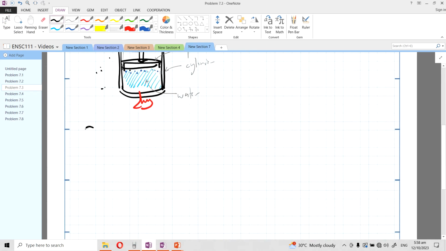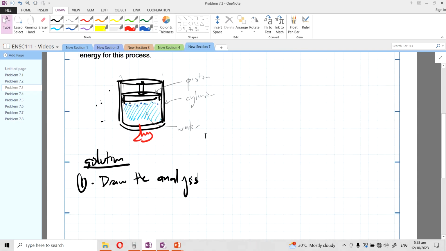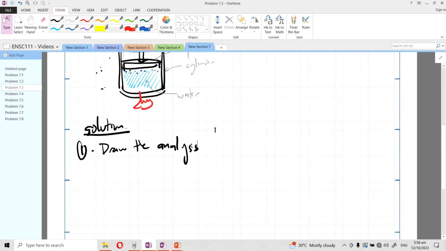Step one, as usual, is draw the analysis. Maybe we need to draw two figures here. One is our initial state, right?